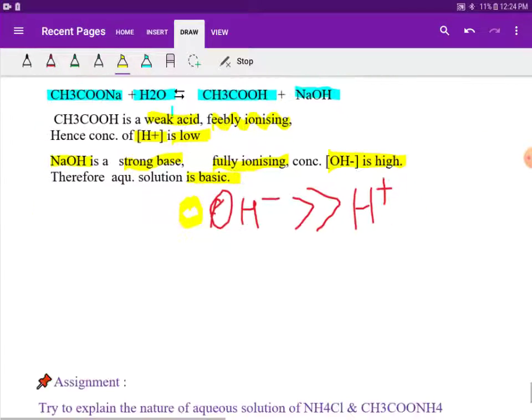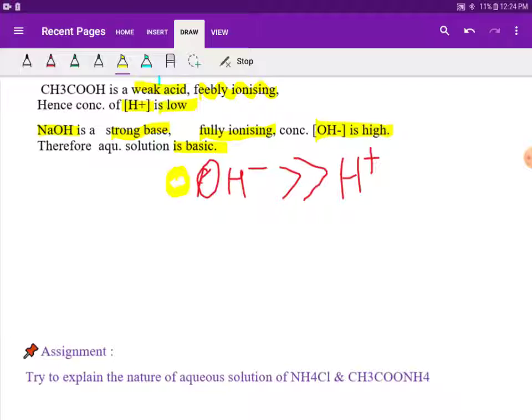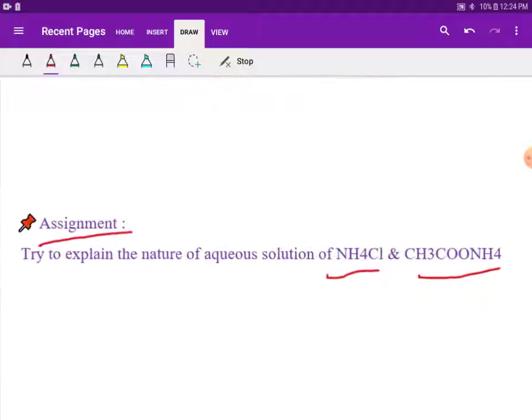I am not going to explain it. Please try to explain the nature of the aqueous solutions of ammonium chloride and ammonium acetate. You have to work out two assignments.